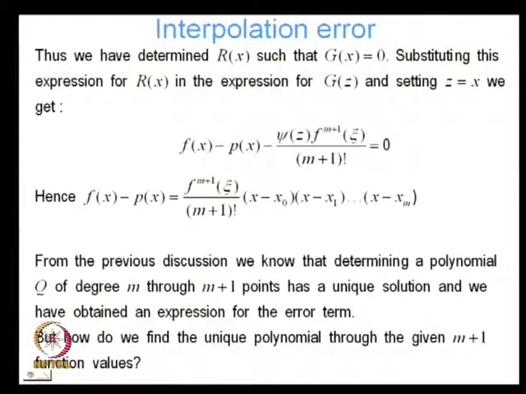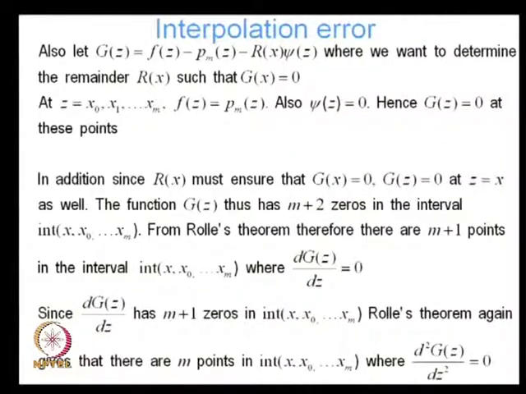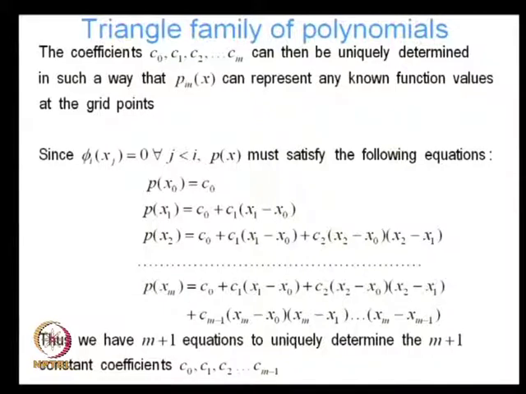But it turns out that if we have m plus 1 points and we know the function values at those points, we need not actually solve that huge system of m plus 1 equations and m plus 1 unknowns to find my coefficients.